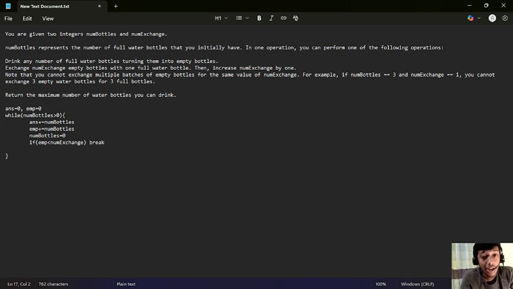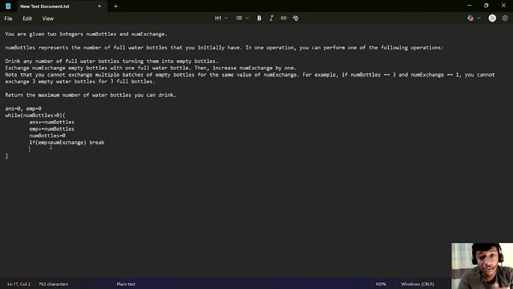If you have drunk up all the bottles, let's suppose the number of bottles is 4 and num exchange is 5. So for 5 empty water bottles, you get one full water bottle. After drinking up all the bottles, the empty bottles are only 4. The empty bottles 4 is less than 5, so we cannot get a full water bottle. That's where the process terminates. If empty is less than num exchange.